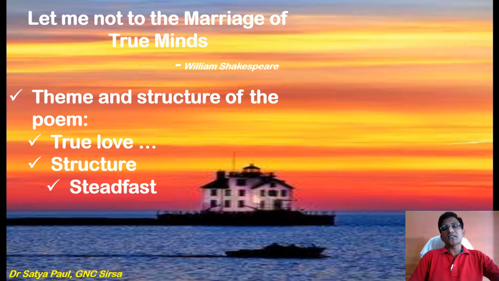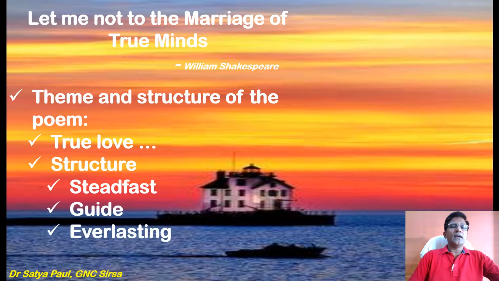So the steadfastness or firmness of true love, true love as a guide, and the everlastingness of true love, these 3 ideas have been asserted thematically in this poem. And in the final couplet, there is a challenge. We have already discussed this in part 1 of the lecture.